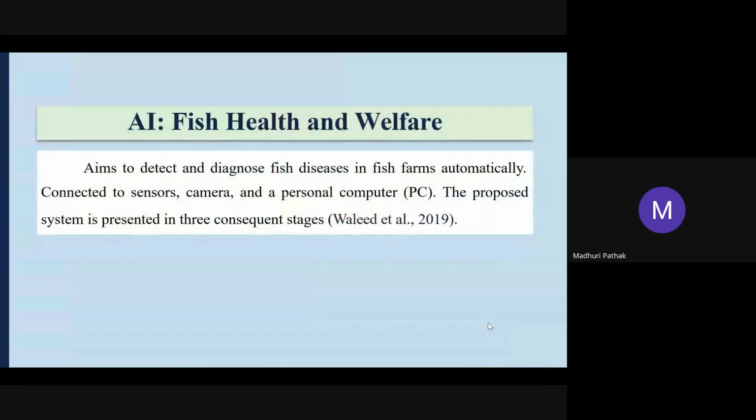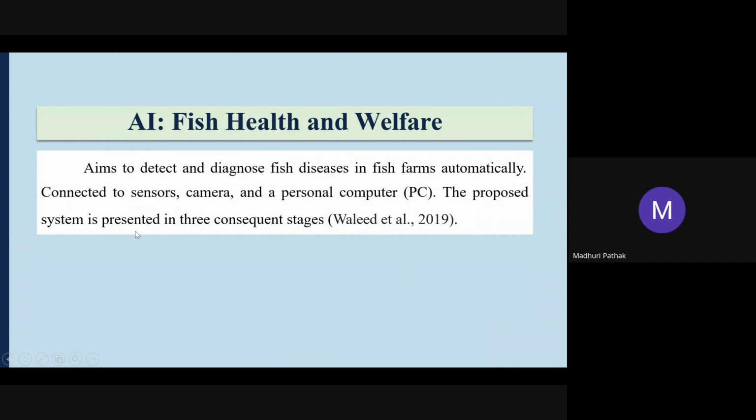Coming to the next important parameter, as of now, we have talked about the water quality and feed management smartly by using artificial intelligence. Now, if we want to know how is the fish health and welfare, this aims to detect and diagnose the fish diseases in the fish farms, automatically connected to sensors, camera, and a personal computer.